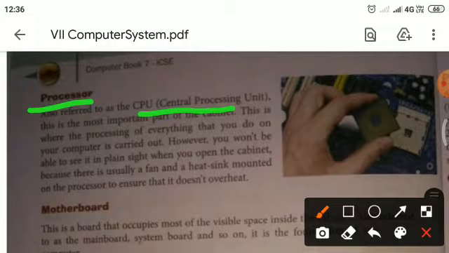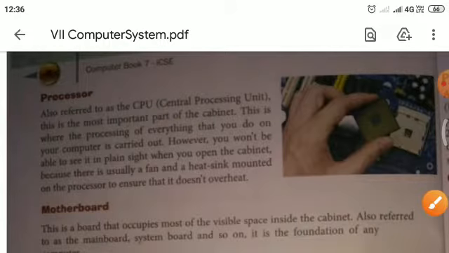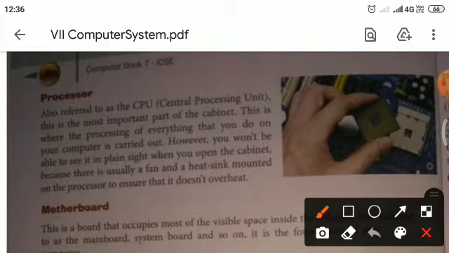The CPU stands for Central Processing Unit. This is the most important part of the cabinet, and this is where the processing of everything you do on your computer is carried out, students. And usually a fan or a heat sink is mounted on the processor to ensure that it does not overheat.